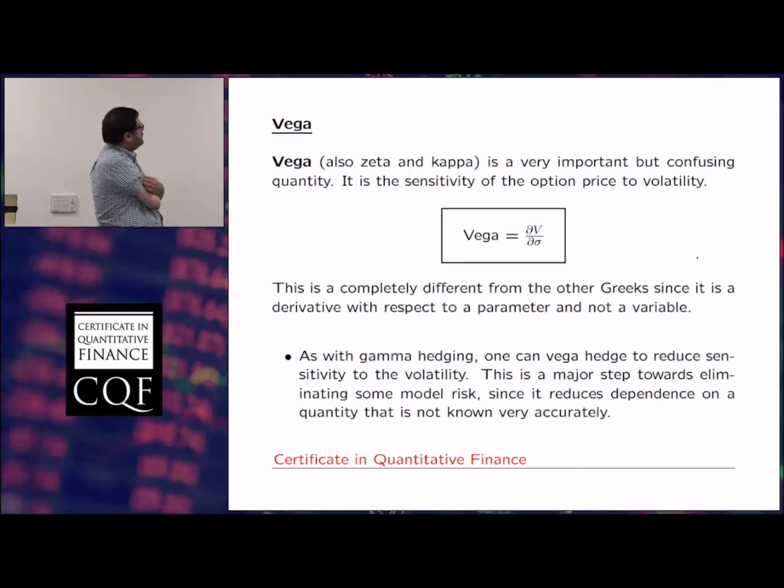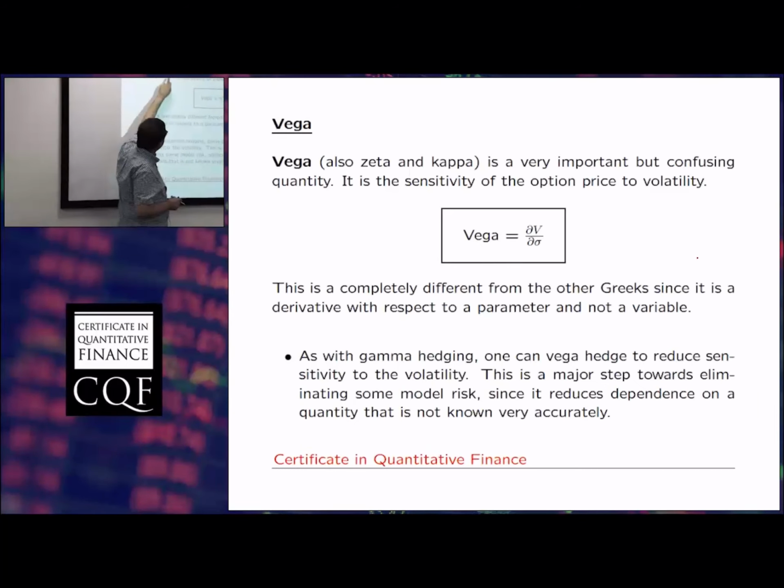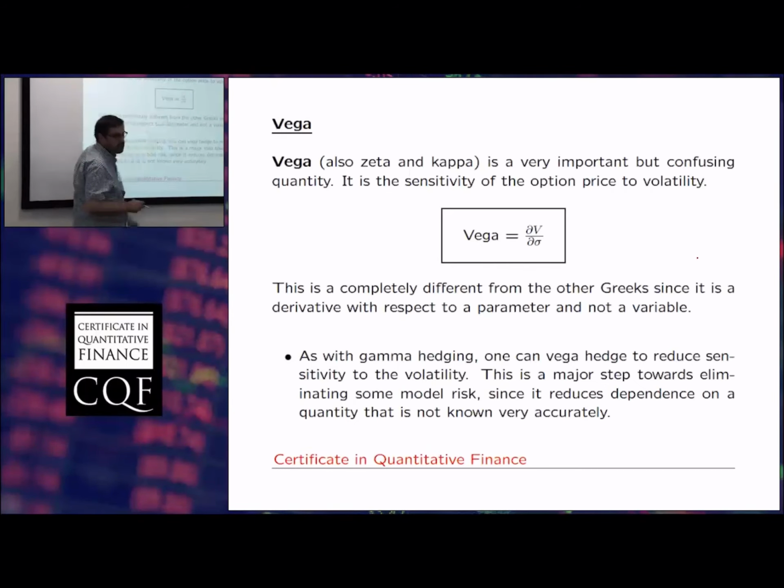Vega, also known as zeta and kappa. There is no Greek letter vega, is there? No. So this is sometimes regarded as a bit of an odd Greek in that respect. That's the reason why it says here sometimes, because zeta and kappa do exist in the Greek alphabet.